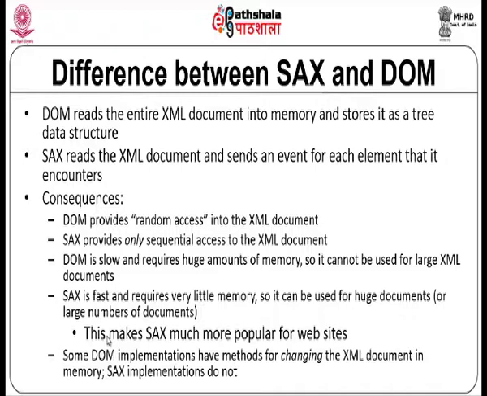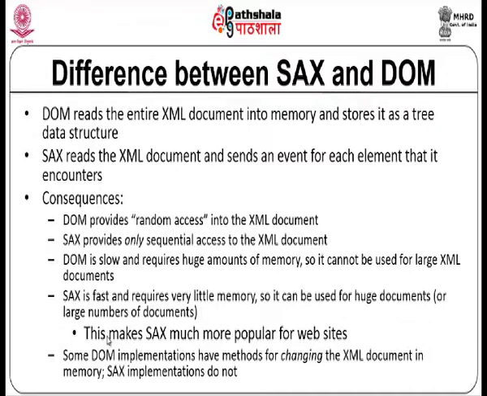The basic difference between a SAX parser and a DOM parser is this: DOM reads the entire XML document into memory and stores it as an XML tree structure. Whereas, a SAX parser reads the XML document and sends an event for each element that it encounters.